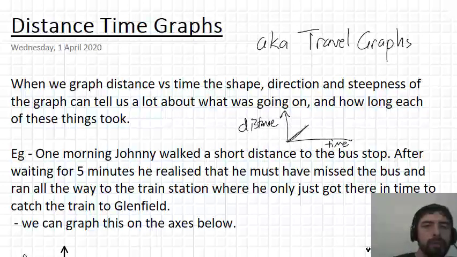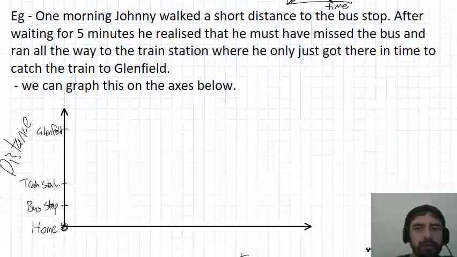And so the steeper the graph, obviously the faster we're going, the flatter the graph, and we could even kind of return back. We'd be moving very fast because it's very steep coming back to home or wherever we started from. So we've got an example here.